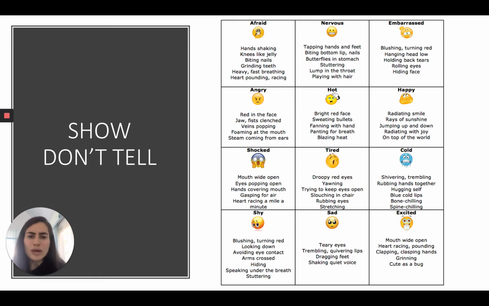We could say Joy's hands were shaking, her knees felt like jelly. Or instead of saying Donna was happy, we could say Donna looked like a ray of sunshine. She was on top of the world, jumping up and down. And then I don't even need to use the word happy because you already know that I'm describing Donna as happy.